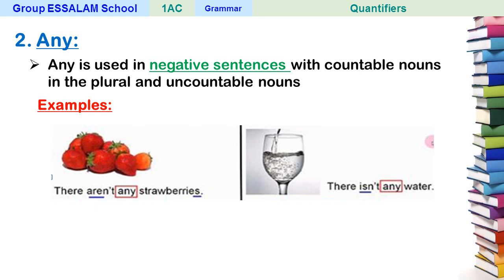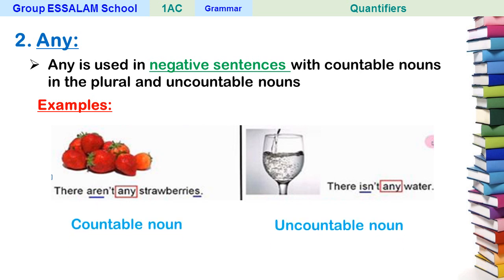So here also this is a negative sentence. We have isn't. The verb is in the negative form. And also we have water. Water is an uncountable noun. And we have already mentioned that any we can use with uncountable nouns. Yes or no? That's why we put here the quantifier any.